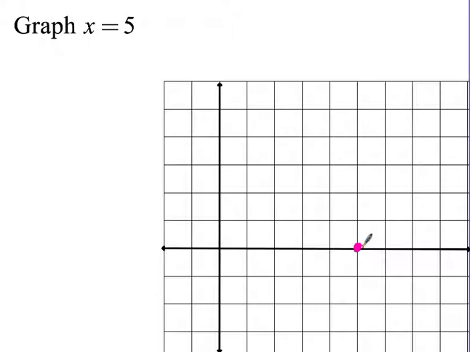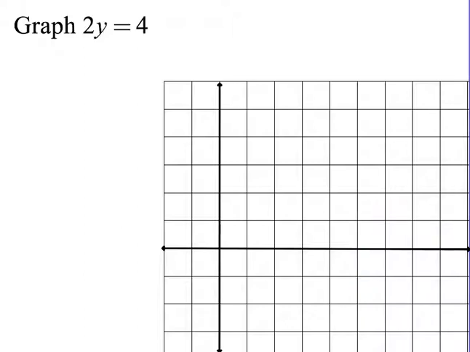It's either up and down or it's horizontal. What would make sense here? Up and down, because if I did horizontal, that would touch x equals 4, x equals 3, x equals 2. So straight up and down is going to be your x. Remember, x is always with the vertical line, and we've learned that before this year.